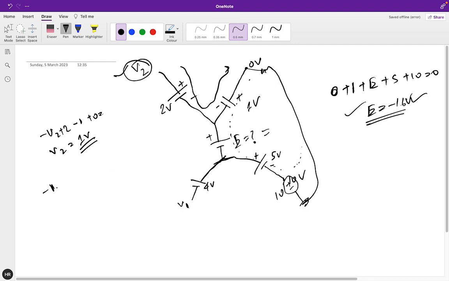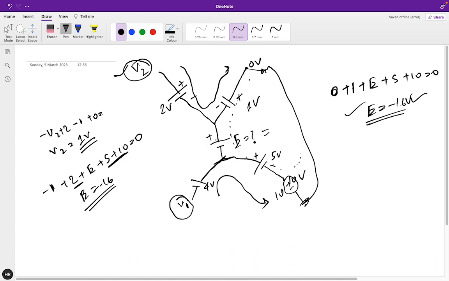Minus 1 plus 2 plus E plus 5 plus 10 is equal to 0. 10, 5, 15, 15 plus 2 is 17, 17 minus 1 is 16, so the E value is coming minus 16.